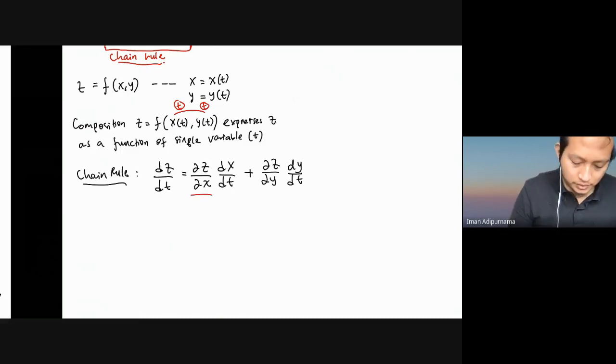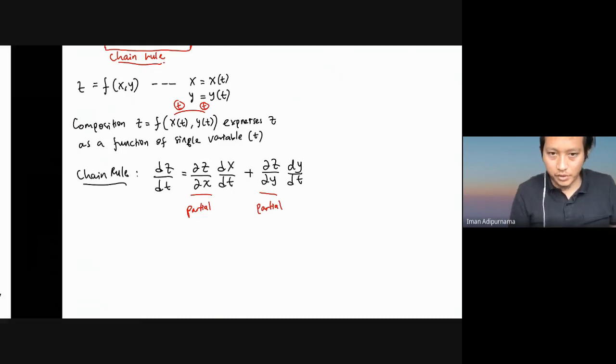So this is partial, this is partial. Okay, I hope you get the idea behind the chain rule.